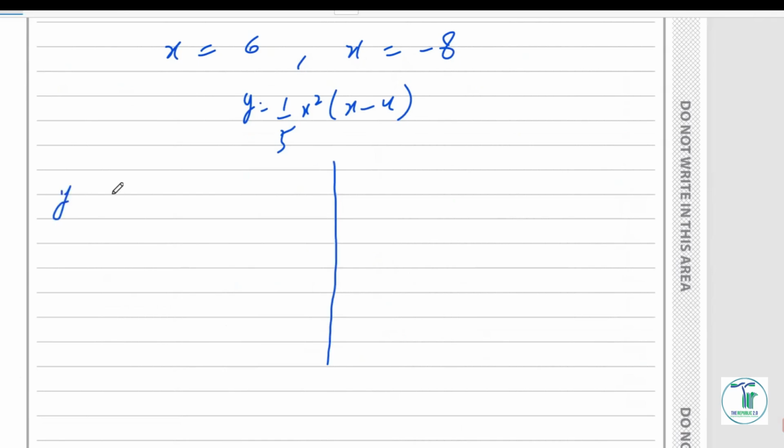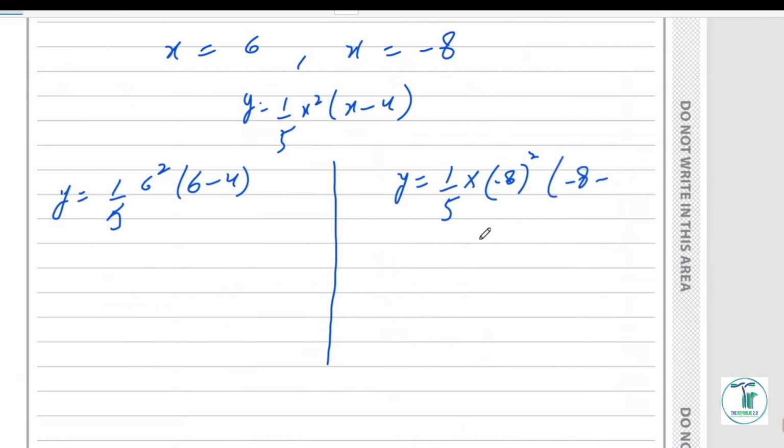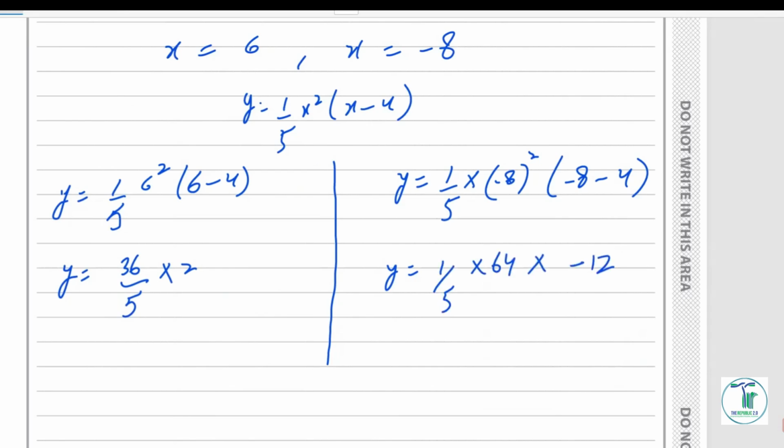So y is equal to 1 by 5 times 6 squared times (6 minus 4), and y is equal to 1 by 5 times negative 8 squared, times (negative 8 minus 4), right? So you have got y is equal to 36 by 5 times 2, and y is equal to 1 by 5 times 64 times negative 12.